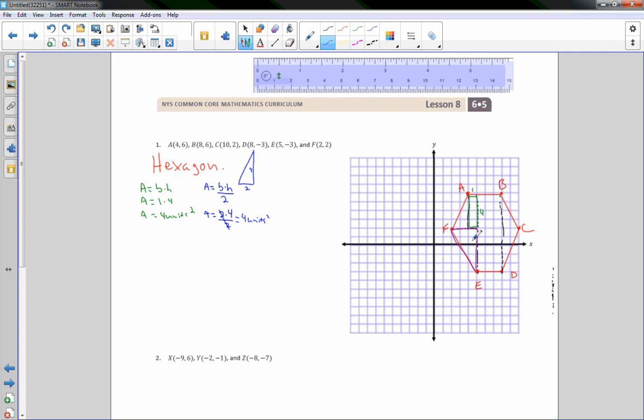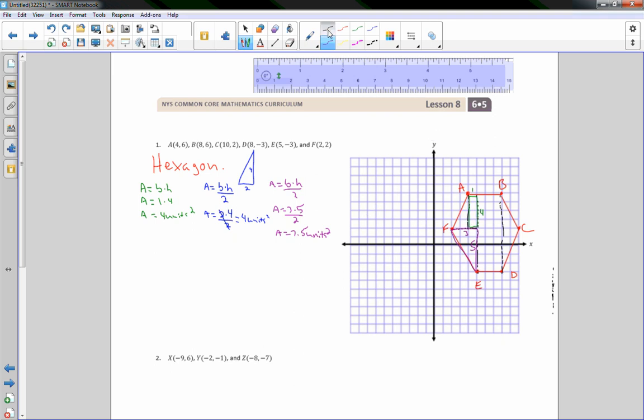All right, so now this height here is 3, and this is 1, 2, 3, 4, 5. So this is 5. So I'd say the area equals base times height divided by 2. So the area equals the base of 3 times the height of 5 divided by 2. So the area equals 15 divided by 2, or 7.5 units squared. So there's these 3 pieces right here.